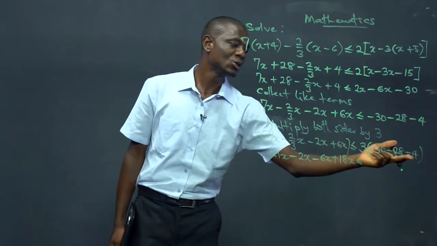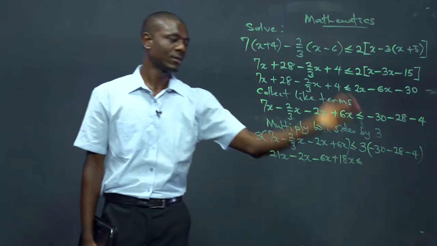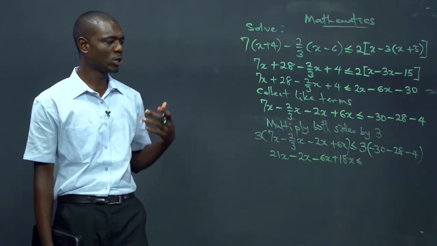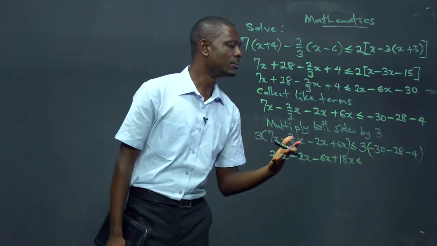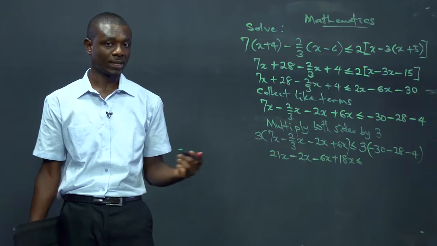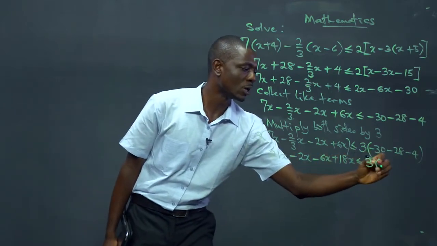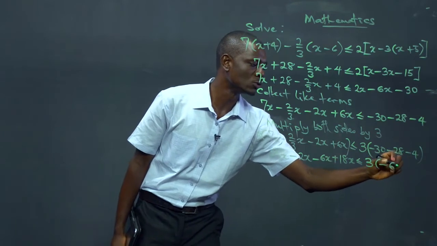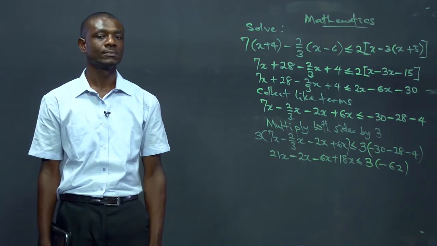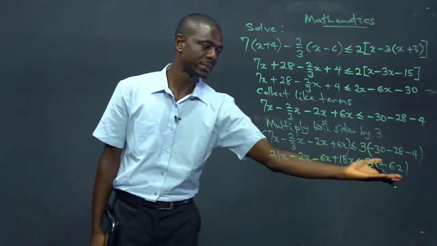So it means you are owing the sum of all these amounts. 30, 28, and 4. It means you are owing 62. Now we have agreed that negative stands for a debt, so you should have that you are owing 62. Okay? So the value of this is minus 62.